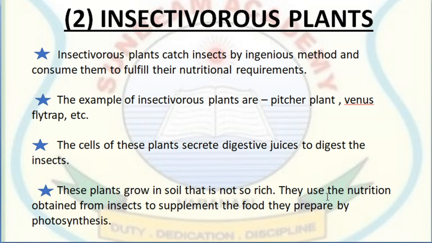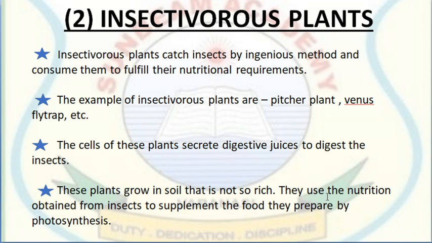Now, the second kind of heterotrophic nutrition is insectivorous plants. So, the plant kingdom also has plants that consume insects. The Venus flytrap and pitcher plant. They catch insects by ingenious methods and they are known as insectivorous plants.